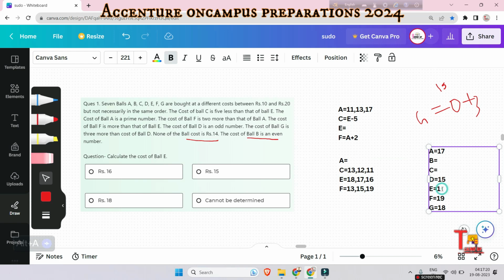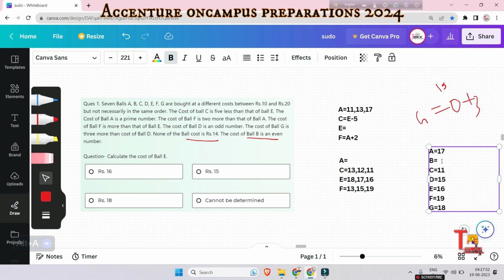If we take E is equal to 16, then the value will be 11, right? It is the only possible because B is an even number, right? But B lies among 12, 16 and 18, but 18 is removed. That's why the possible values are 16 and 12, but C is 5 less than E, right?